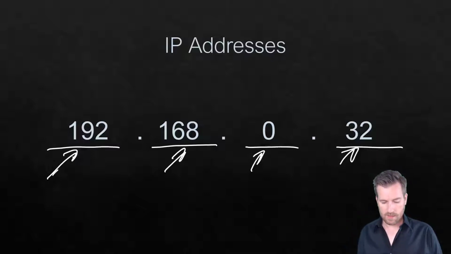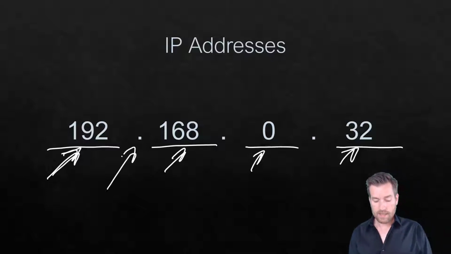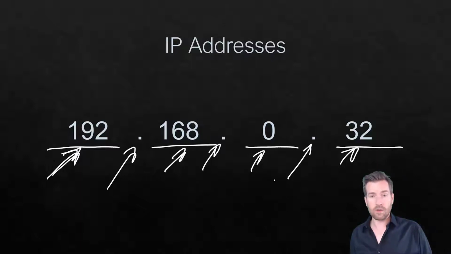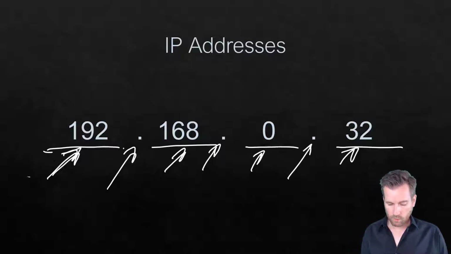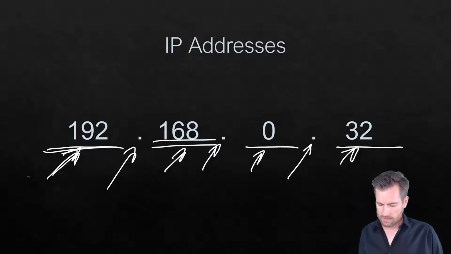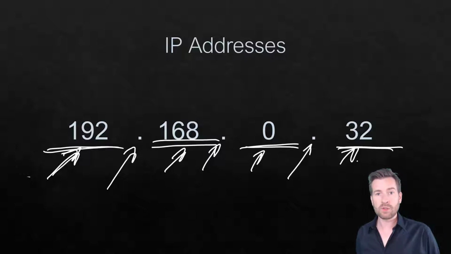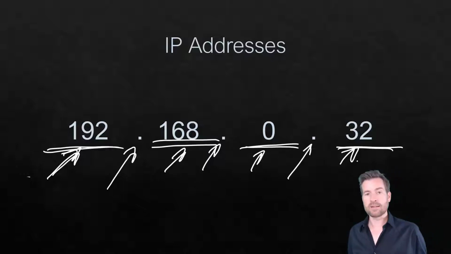And so this is being shown in decimal format. And then we break up the different octets with just a period or a dot in between those. So in this example right here, we'll read this as 192.168.0.32, and that is the IP address and how we read the IP address.